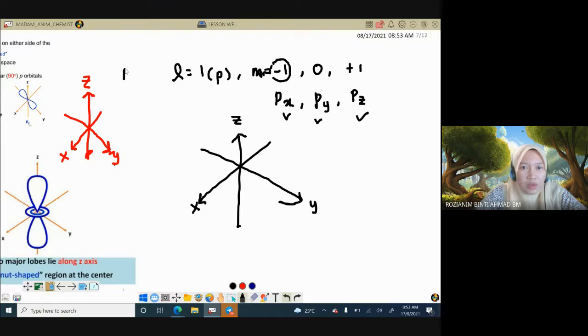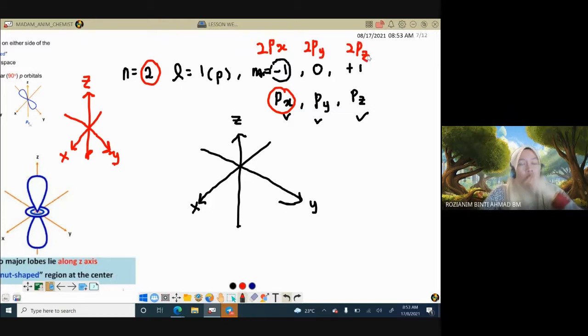Sekiranya itu shell tu berada pada nombor 2, so bermaksud cara tulis subshellnya adalah 2PX. So our writing subshell adalah 2PX, 2PY, 2PZ.